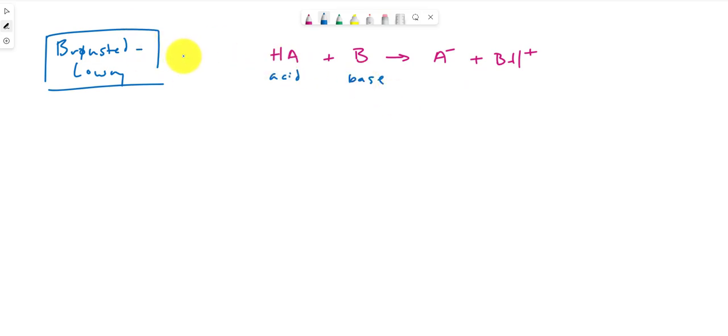But this is sort of a constraining view of acids and bases, because there are many examples of compounds and chemicals that can contribute acid or basic character to a solution without necessarily explicitly transferring a proton. So that necessitates a different convention of thinking of acids and bases, which is called Lewis acids and bases.